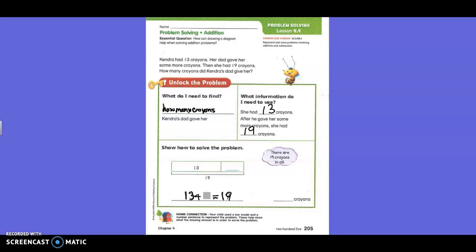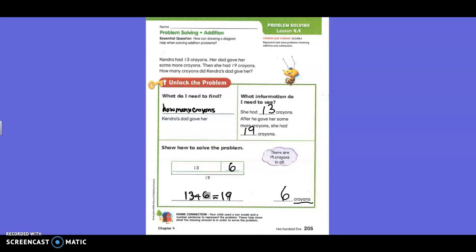Xander? 6. Okay? So 6 should go right here, because 13 plus 6 would be 19. Put 6 in the box too. And then how many crayons did Dad give her? 6. And they wrote the label for you, 6 crayons. Make sure you have 6s in all those spots, because if you don't, then I can't give you a star.